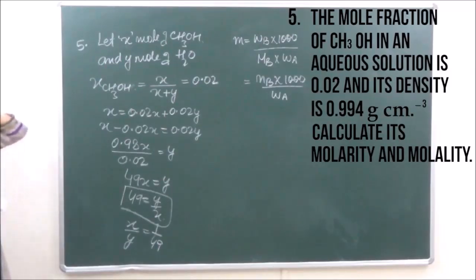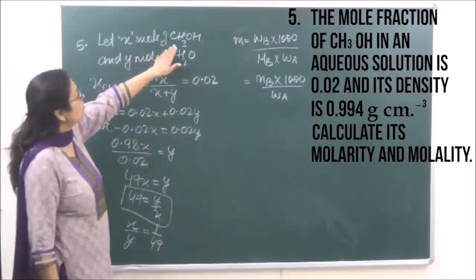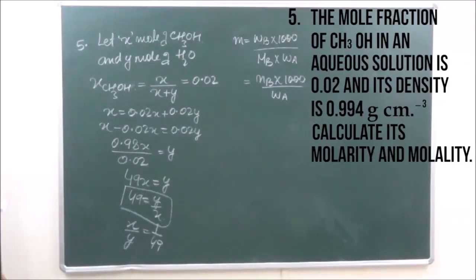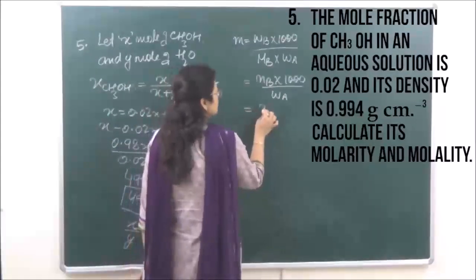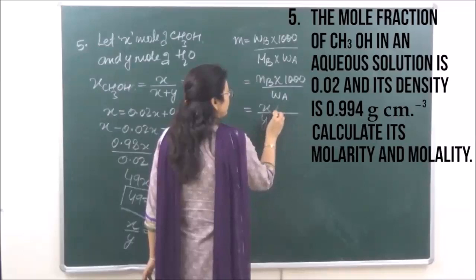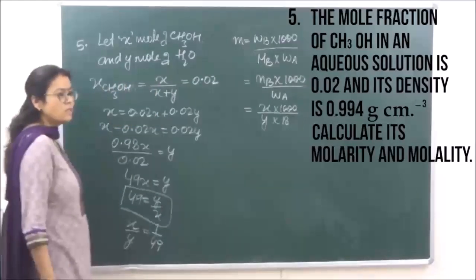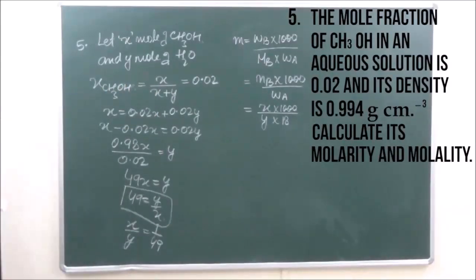Okay. Now what is the number of moles of solute? X upon X plus Y. This is the mole fraction. We are saying that X is the moles of CH3OH and Y is the moles of water. When we are taking the number of moles of solute upon the molar mass of the solvent, that will become X upon Y. X upon Y is equal to 1 upon 49 from here.